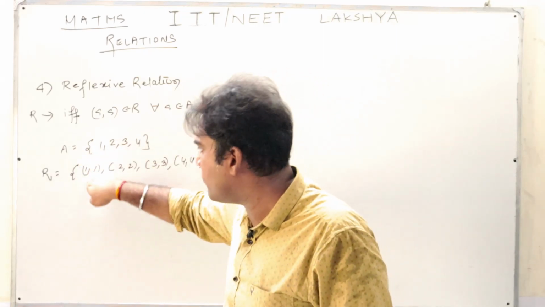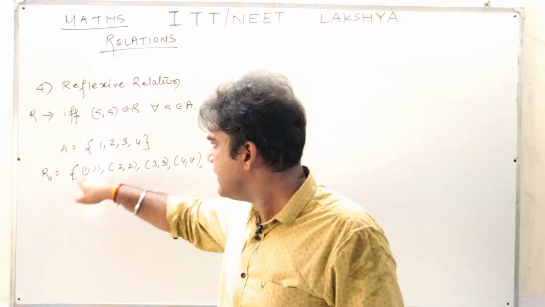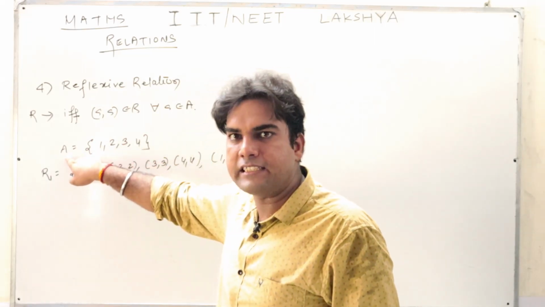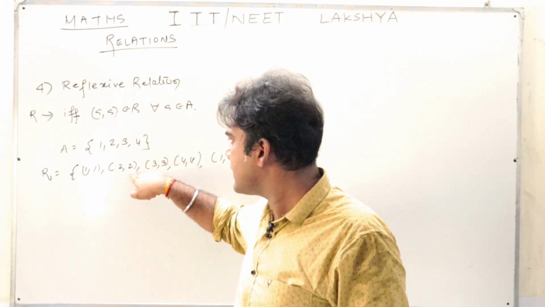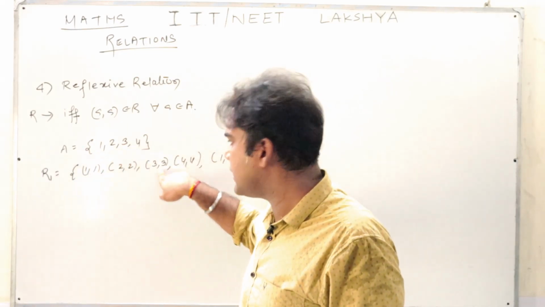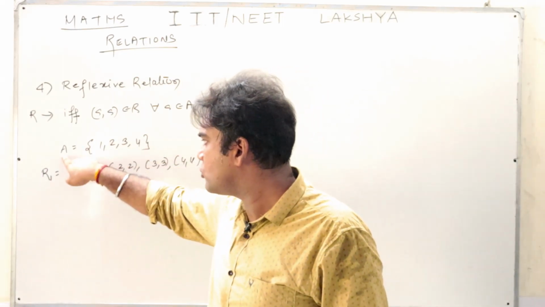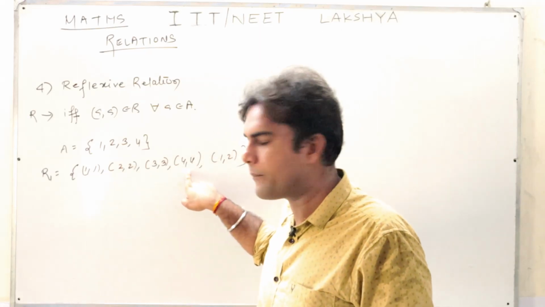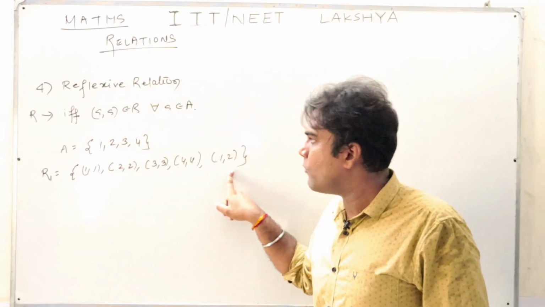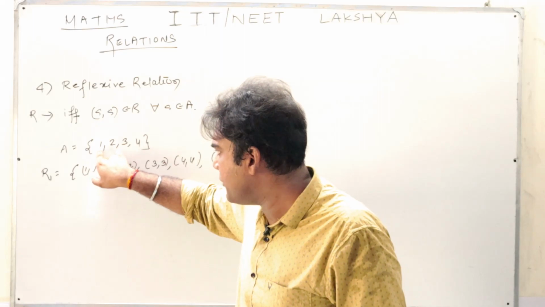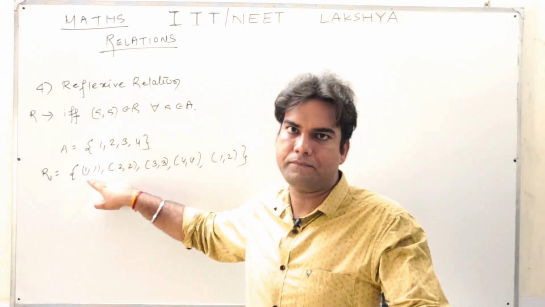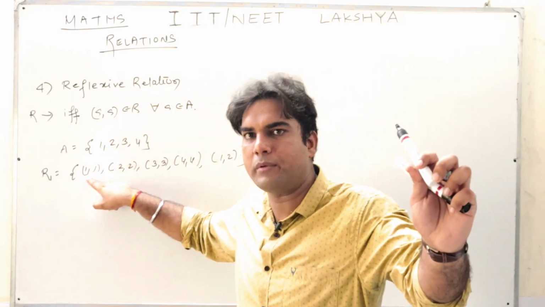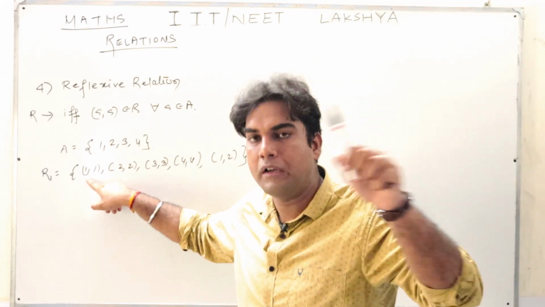Yes, so 1 1 should belong to R. Yes, it belongs. Does 2 belong to A? Yes, so 2 2 should belong to R. Does 3 belong to A? So 3 3 should belong to R. Does 4 belong to A? Yes, so 4 4 should belong to R. What I am saying is, if 1 is there, then 1 1 should be there. Apart from that, anything else may also be there. 1 may be related to something else also, or may not be.